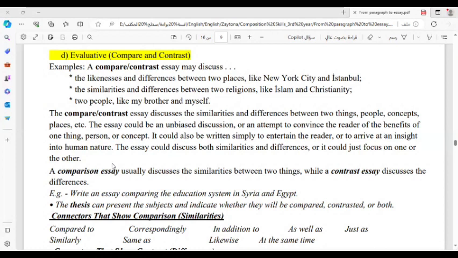So, as we said, it could be an unbiased discussion or an attempt to convince the reader of the benefits of one thing, person or concept. It could also be written simply to entertain the reader. You can talk about similarities or differences between two places or two things, like living in the city and living in the countryside, in order to give information, to convince the reader, or to entertain the reader, or to arrive at an insight into human nature.